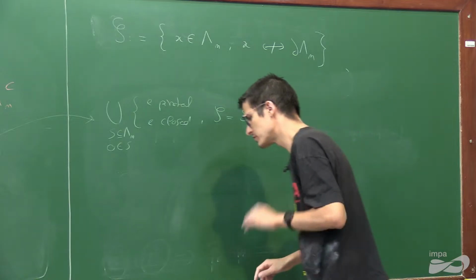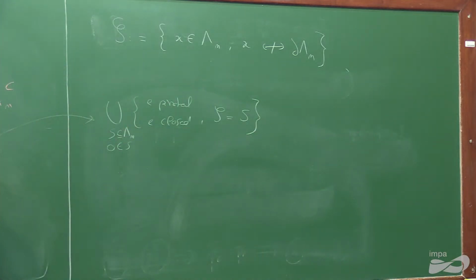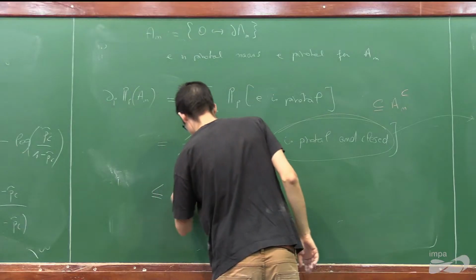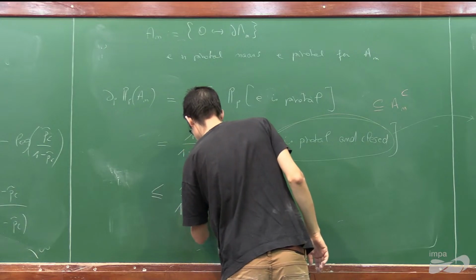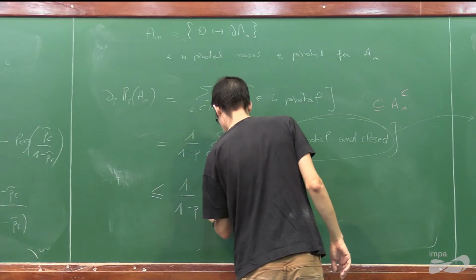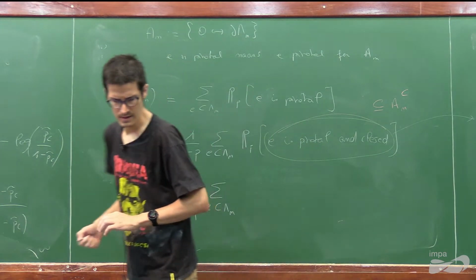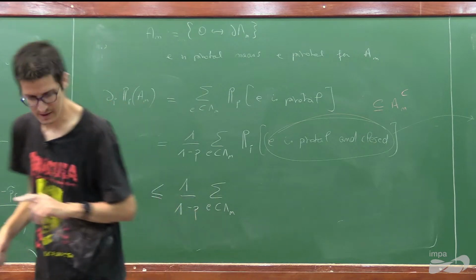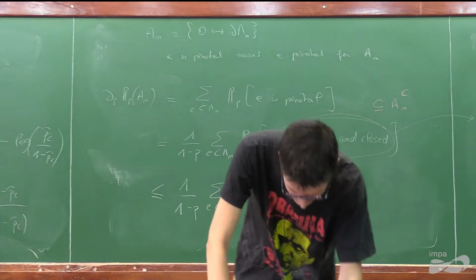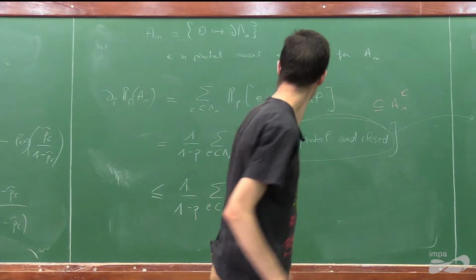Now if I use a union bound, I will get 1 minus P sum over E in lambda n, and I have to check that I'm not making a mistake. Yes.